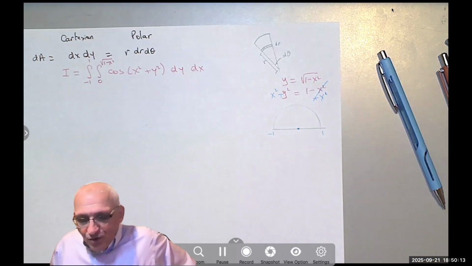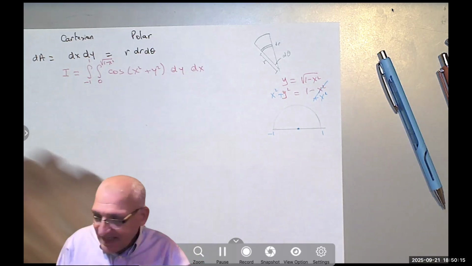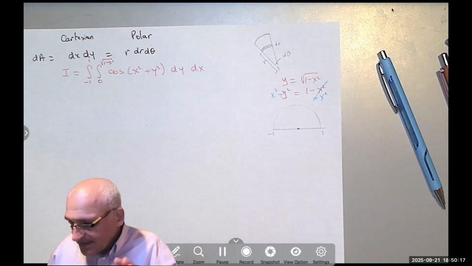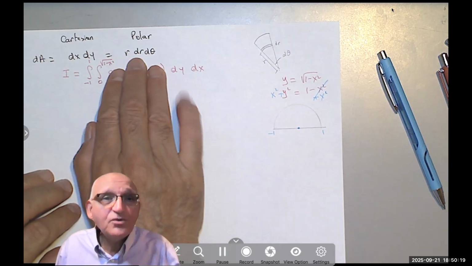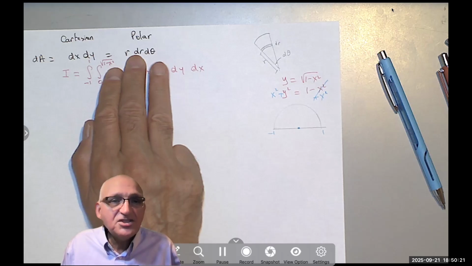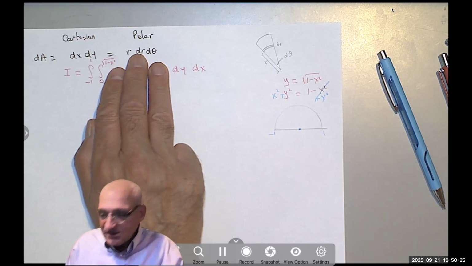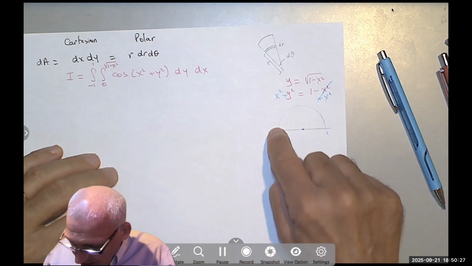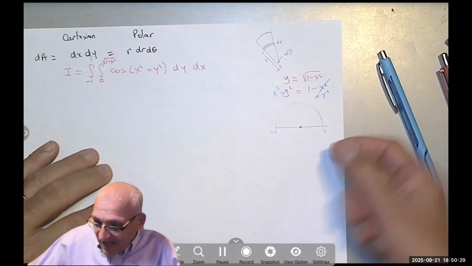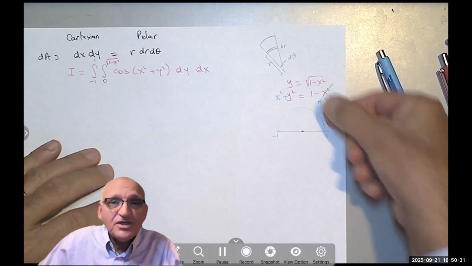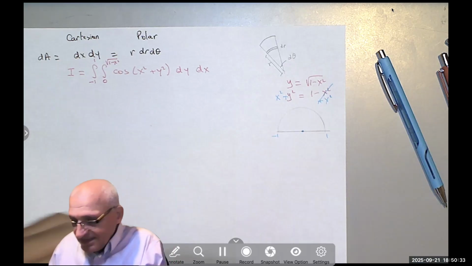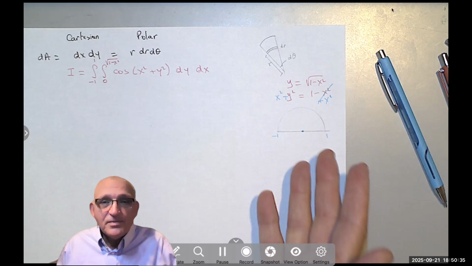Because when you say integrate dy dx, and I don't know if I made that clear last time, when we were doing the Cartesian integration, if you don't have that function, it's as if we are telling you we have a half a circle, and the height of that circle is a unit. So when I integrate, I can get the volume.